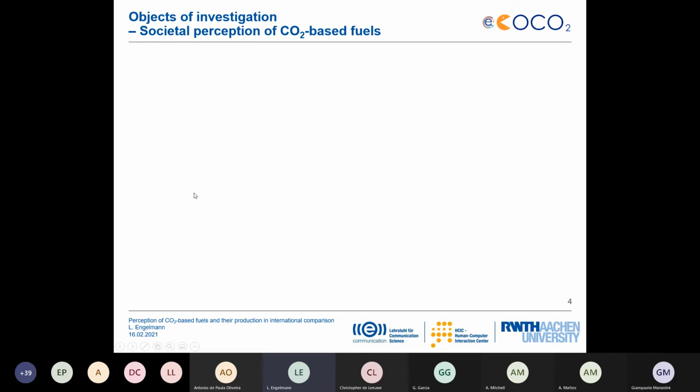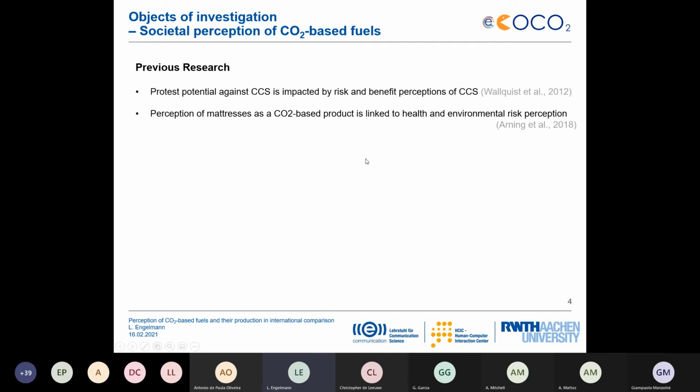But when we look at CCS and CCU technologies in general, we see the necessity that also in the case of this technology, the investigation of perception and acceptance should be carried out. Because previous research found, for example, that in case of CCS, people's potential to protest against a CCS project was significantly influenced by the perceptions of risk and benefits of capturing carbon and storing it.